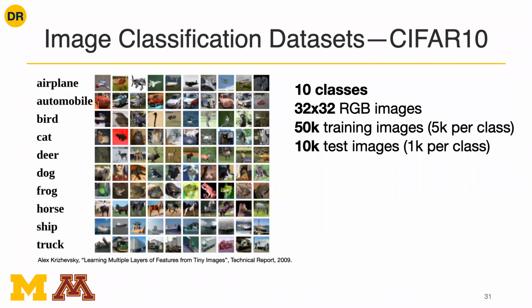They are RGB images, and instead of 28 by 28, it's 32 by 32. Now the problem is slightly different, and much more challenging, because you have images from the real world, from nature, and you have classes that are curated by the authors.